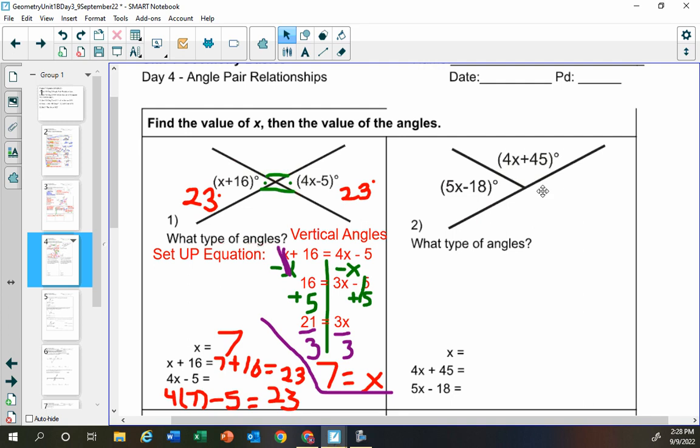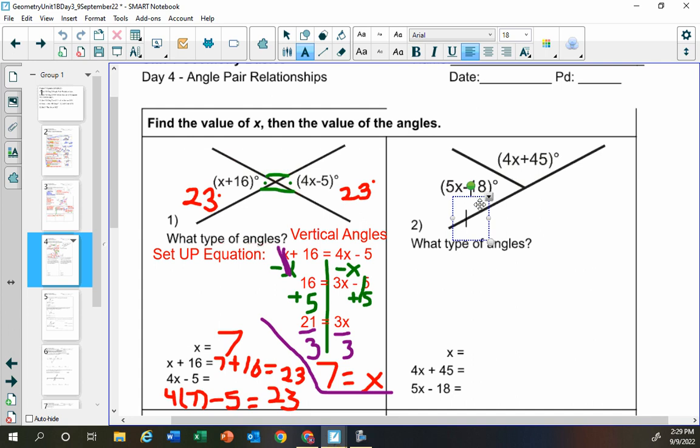You're right, they are adjacent because they have the same side. But what else do we have? They're a linear pair. Good. Yeah, adjacent, you were right. Brooklyn, you're right because they have the same side. And in this case, they were a linear pair. So that's a linear pair right there.